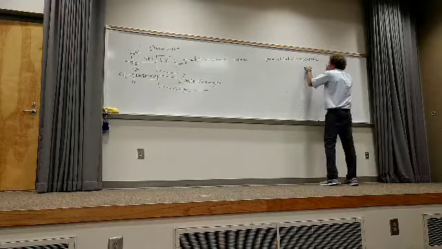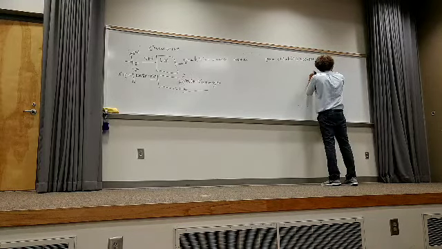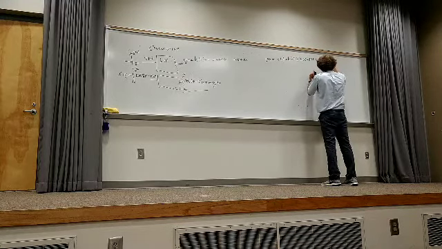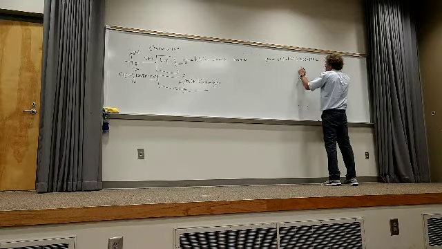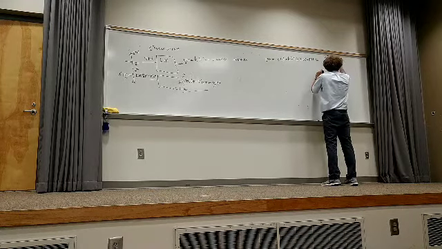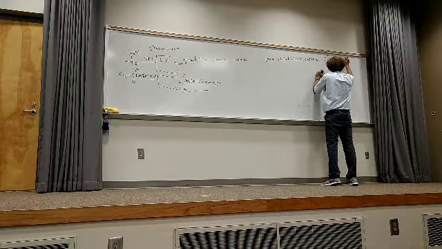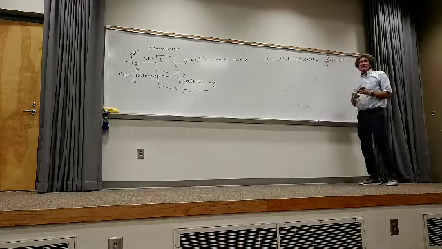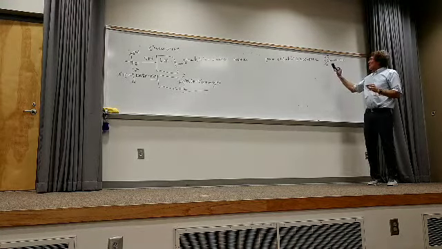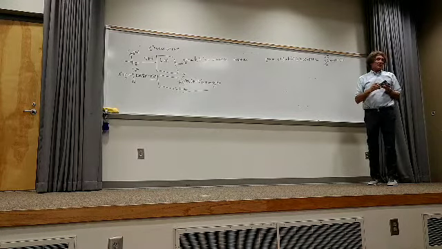And the mathematical definition for this is the integral from minus infinity to infinity of x of tau, the first function, times h of t minus tau d tau. That's the mathematical definition.